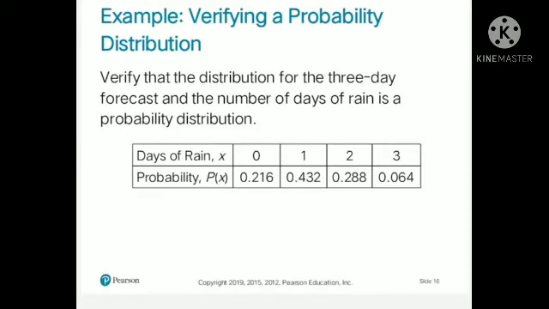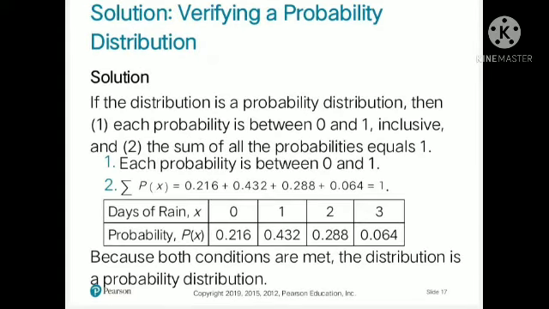So in this next example, we are verifying a probability distribution. Verify that the distribution for the 3-day forecast and the number of days of rain is a probability distribution. If the distribution is a probability distribution, then each probability is between 0 and 1 inclusive, and the sum of all probabilities is equal to 1.